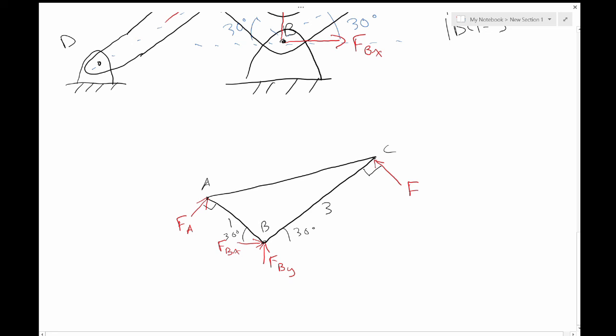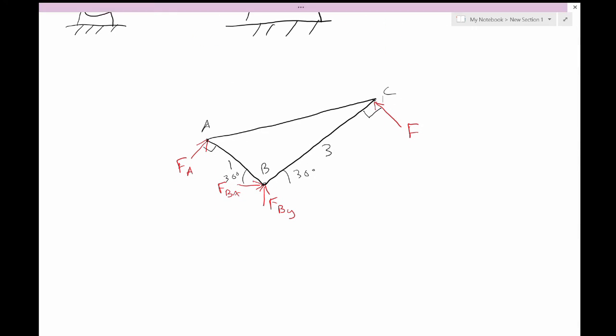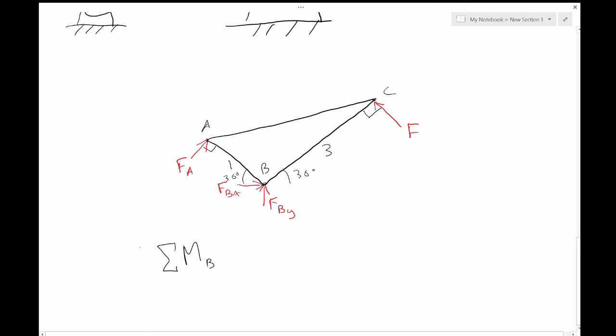So first, let's just evaluate the equation of moments around B. That's probably simplest. So if we have the sum of moments about B, with counterclockwise as still being our positive convention, that's going to be equal to 0, and that's going to be equal to 3F minus 1 FA.